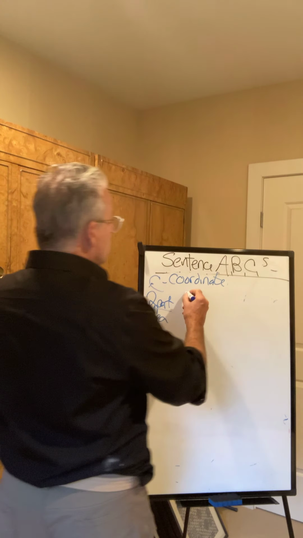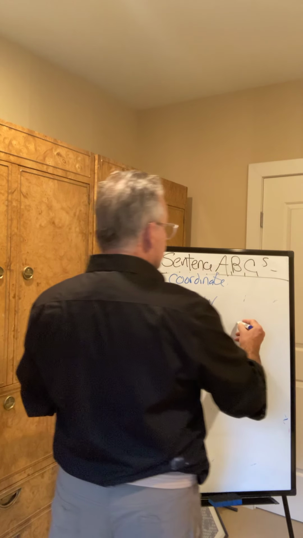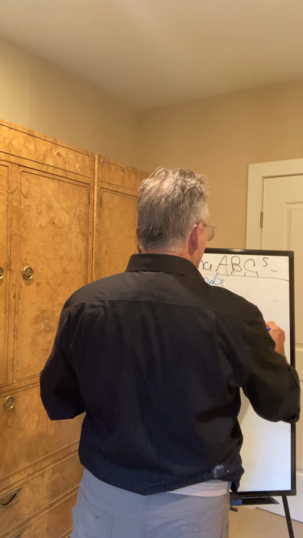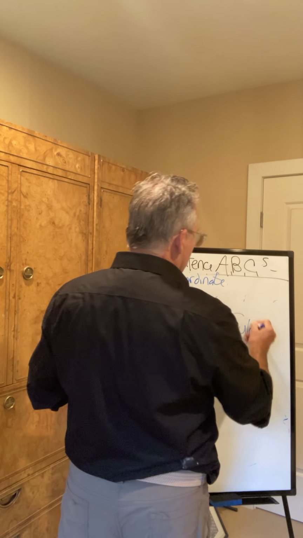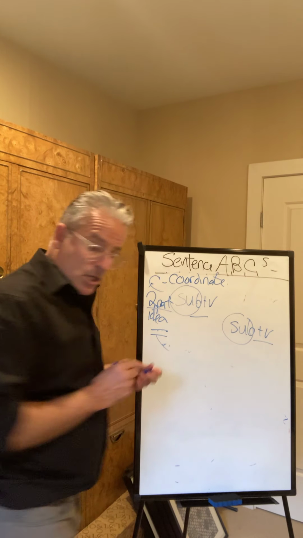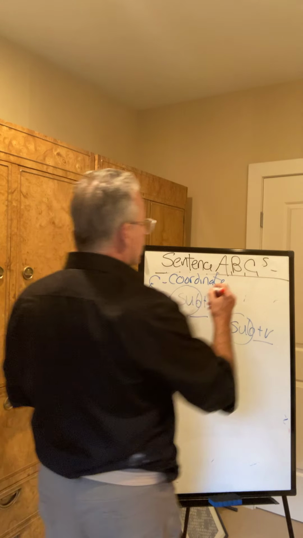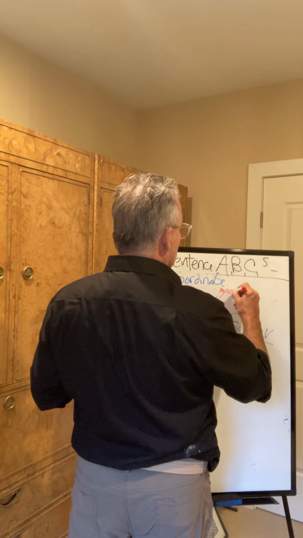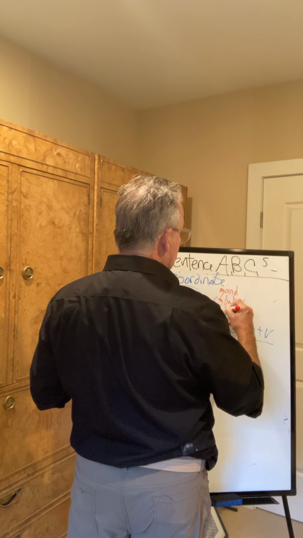So there's a subject and a verb on one side of this sentence. There's a subject and a verb on the other part of the sentence. And I can always circle subjects and underline verbs. And I tie them together. I can use two different ways of punctuation. I can tie them together with a comma and a conjunction, like comma and, comma but, or comma so.